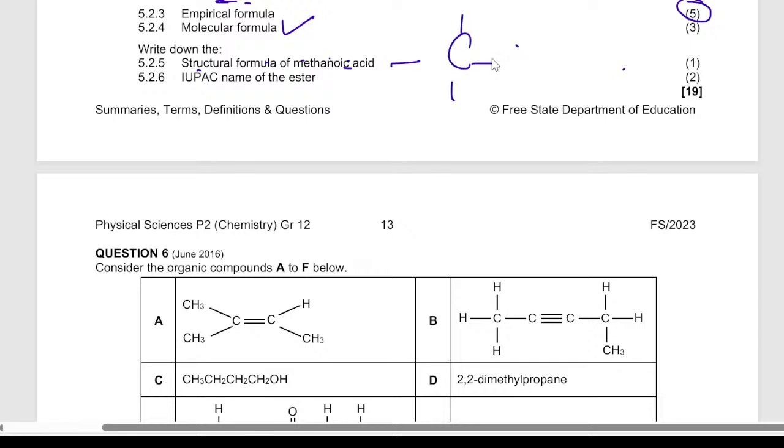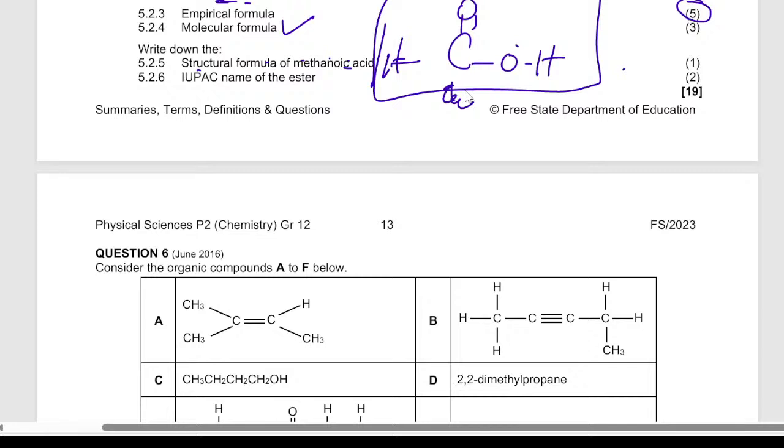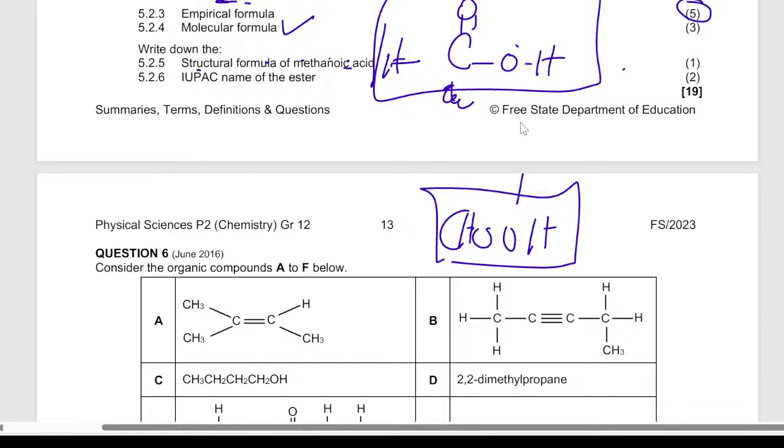It's that. That is methanoic acid. So when you draw it, it becomes that, the structure formula.